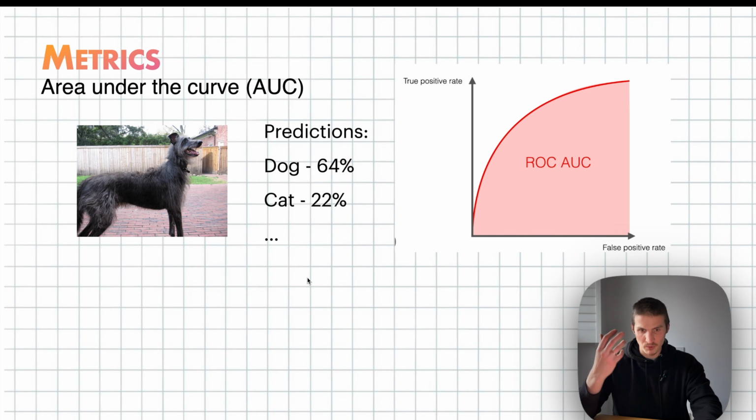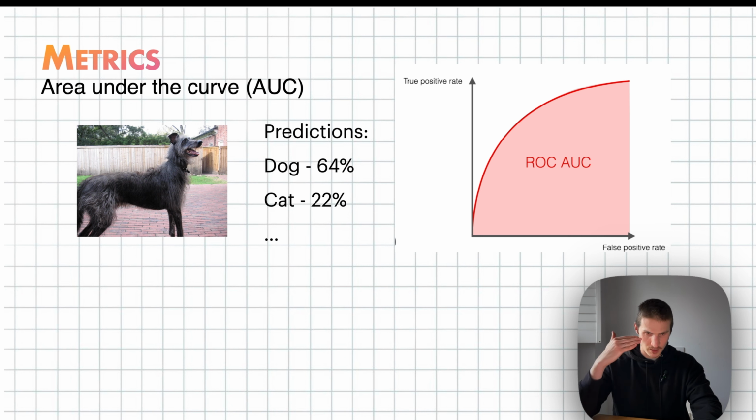In reality, the model doesn't say explicitly that it's a dog or it's not a dog. Instead, it outputs class probabilities. So for a picture like this, it can say that it's a dog with 64% chance and then a cat with 22% chance. And then we, as researchers, have to come up with a threshold after which we decide that this is the object that we need to be looking at.